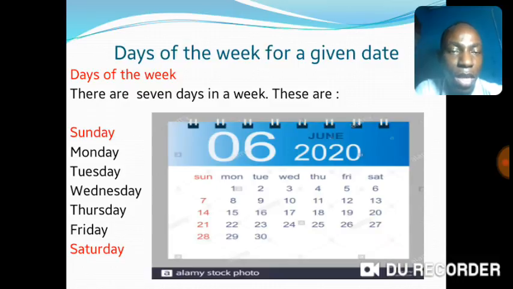Now, the days are written in their short forms on the calendar. Some of the calendars have them written Sun for Sunday, Mon for Monday, Tue for Tuesday, Wed for Wednesday, Thu for Thursday, Fri for Friday, Sat for Saturday. On other calendars too, we only have the first letter written on it to represent the days.